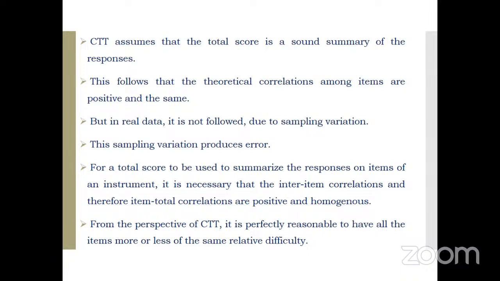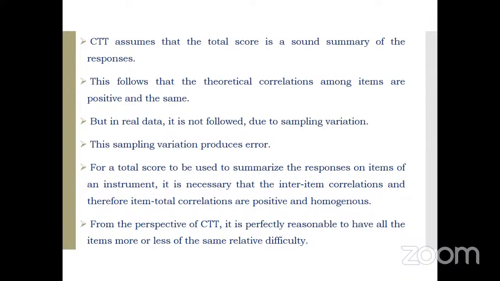So as this error component goes up, what will happen? The observed score will be inflated, because in the classical test theory approach, the observed score is the summation of true score and random error. For a total score to be used to summarize the responses to items on an instrument, it is necessary that the inter-item correlations, and therefore item-total correlations, are positive and homogeneous.